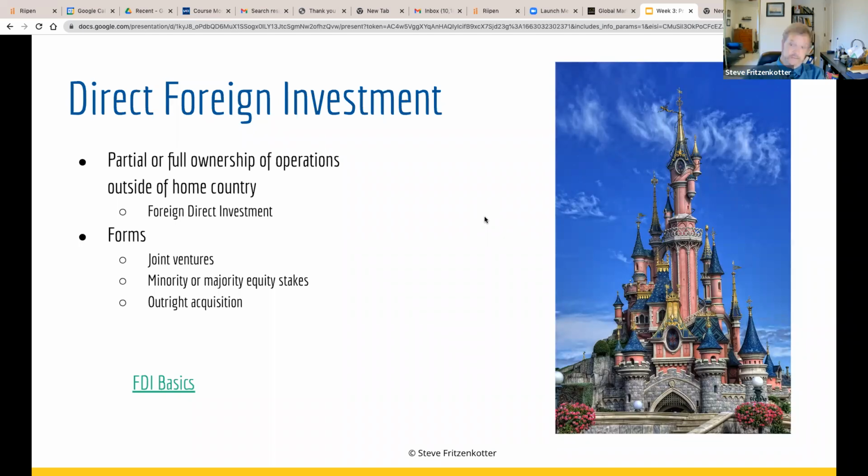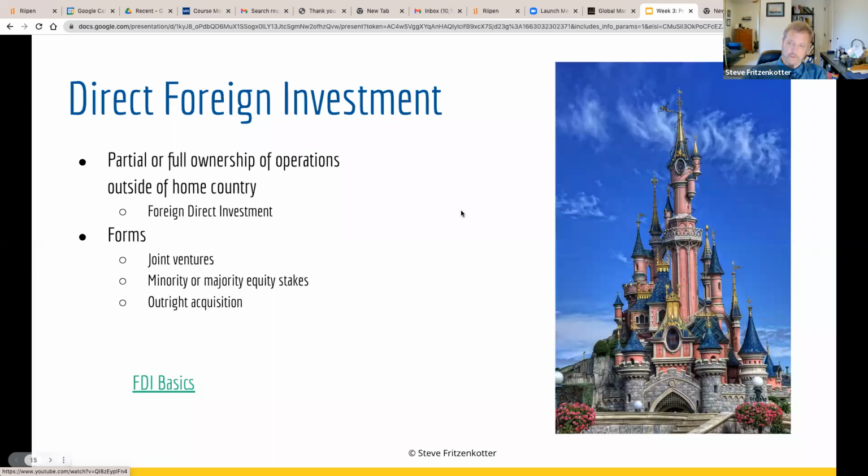So that's another reason why France would support that. The U.S. of course uses the U.S. operating system, and that's because it's Disney and that's what they do. And you can see more about foreign direct investments here.